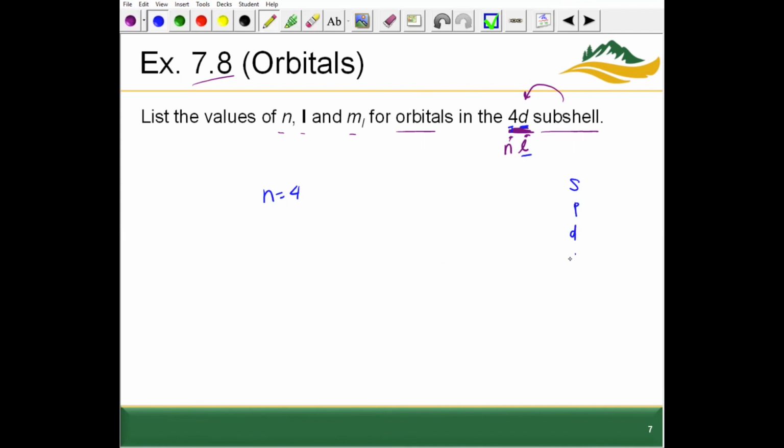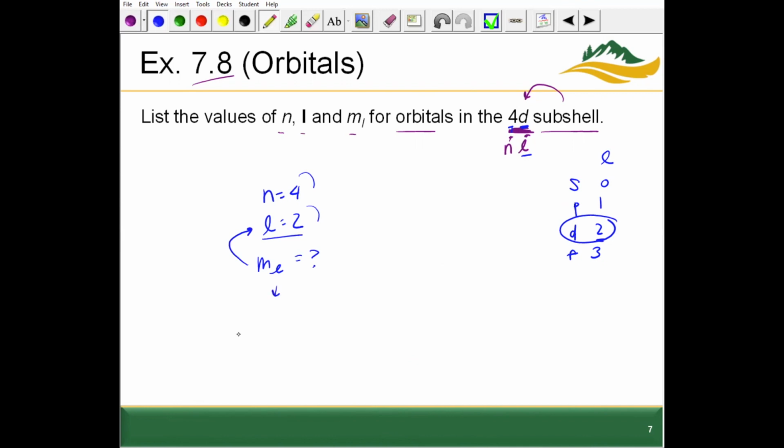So s, p, d, f, 0, 1, 2, 3. That means our L value is equal to 2 because we're told we have a d orbital. So here's our n, here's our L. What are possible m sub L values? To look at this, we just check out that L is equal to 2.